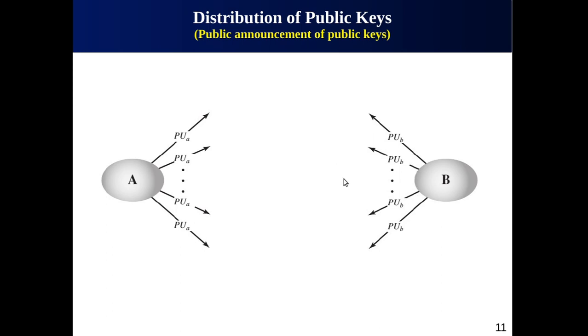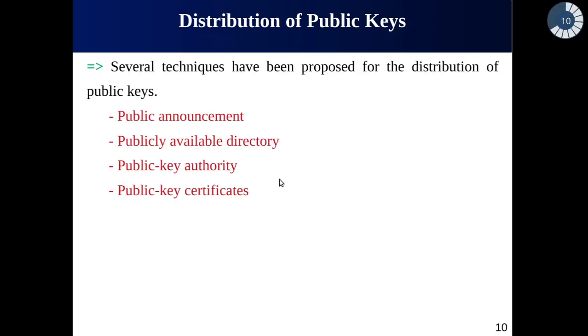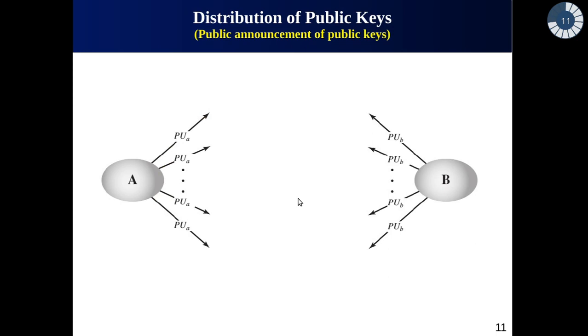A major weakness is that anyone can forge such a public announcement, as we just saw in this case. Some user could pretend to be user A and send a public key to another participant or broadcast such a public key. So it is insecure.